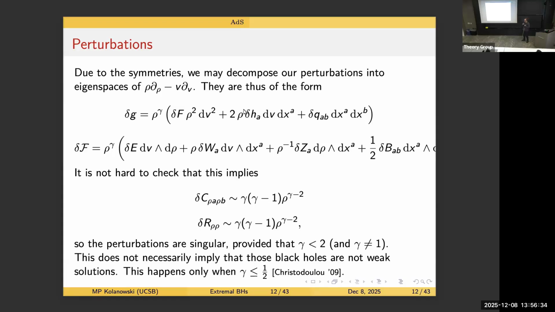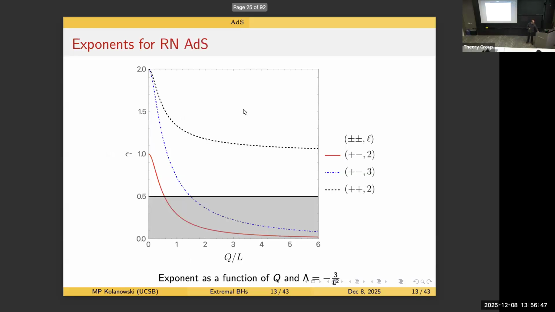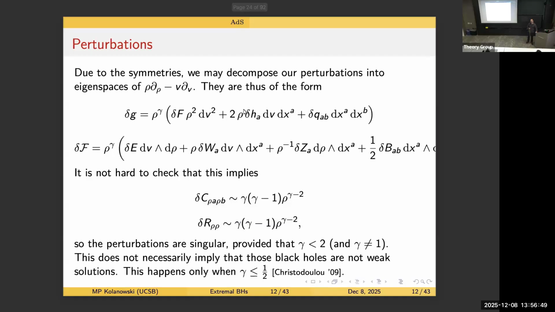But this also can stop if this exponent is smaller than 1/2. If this exponent is smaller than 1/2, then these are not even weak solutions to the Einstein-Maxwell equations. Does weak mean you could form these from some...? Weak in the sense of distributions, that if you then multiply them by some smooth, compactly supported things. Yeah.